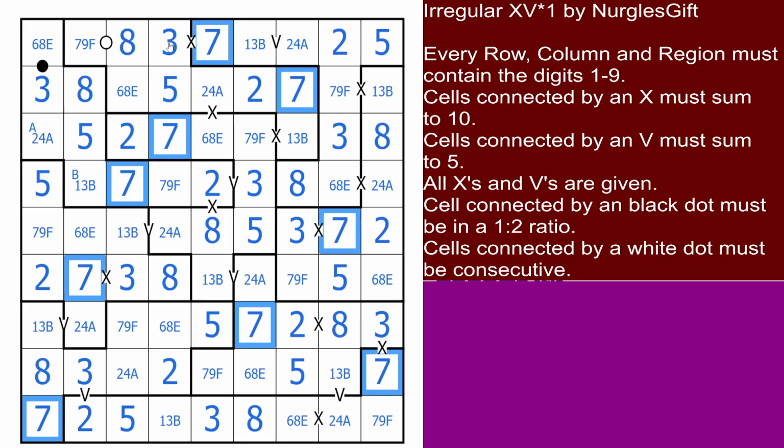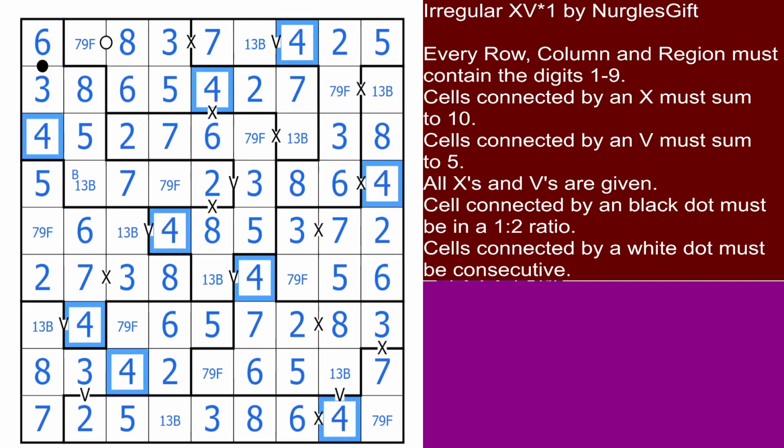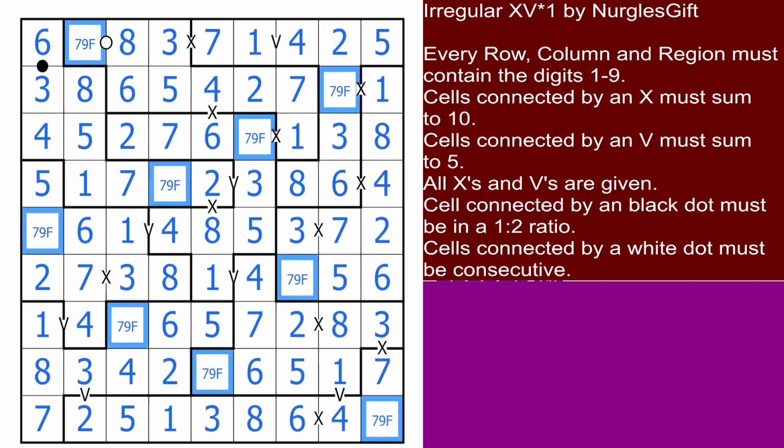E is 6, right? See, on the black dot on 3, 3 times 2 is 6. So E is 6. If E is 6, A is 4. And if A is 4, B is 1. And the remaining F, if B is 1, then F is 9. And that's how we have solved the puzzle.